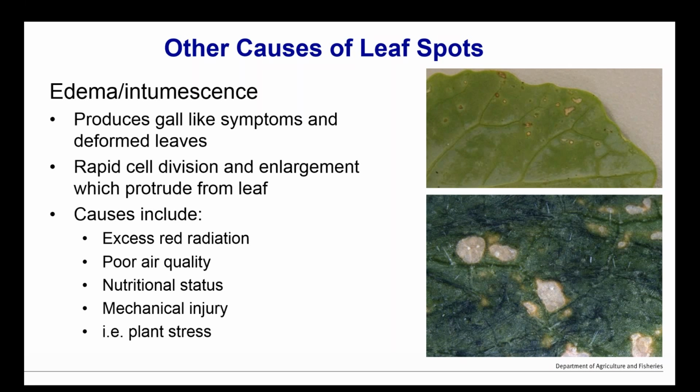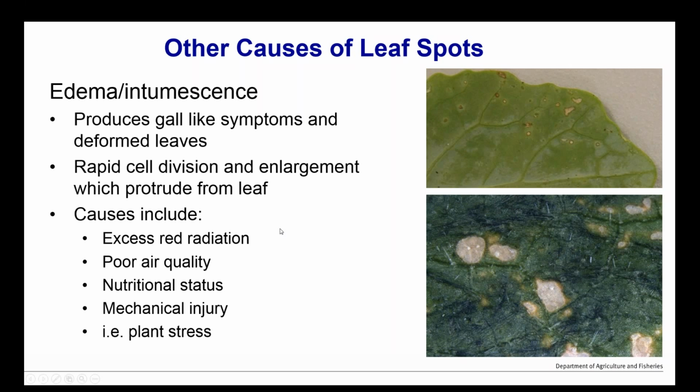And different plant species have slightly different symptoms. The structure of the cells is just a little bit different, and so they'll produce slightly different symptoms. And there are different factors which can cause these symptoms in each host plant species. So it does make it difficult to generalize.